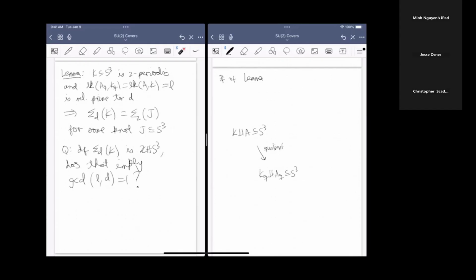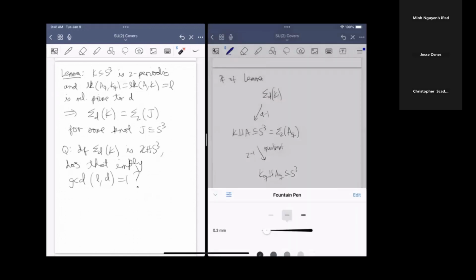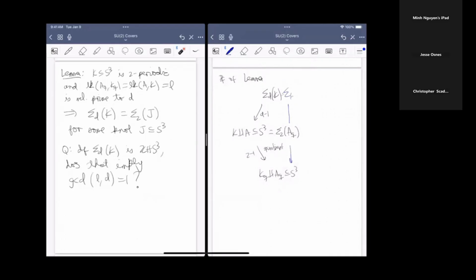But what I am doing here is I am realizing S3 as the two-fold cover over what I called AQ. And so this is a two-fold cover. And then I'm taking the d-fold cover over K. Well, it turns out that instead of taking it in steps, I could have just done immediately the d-fold cover and the two-fold cover over this two-component link.